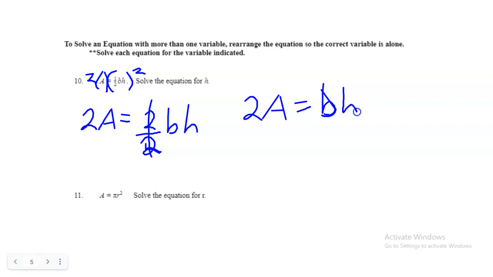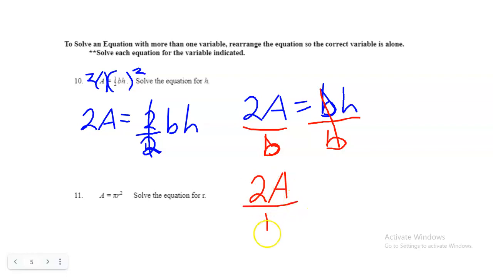Okay, and now I want to get the h by itself. H is being multiplied by b. So in order to get the h by itself, I'm going to divide both sides by b because division is the opposite of multiplication. When I do that, those cancel out, and I get 2 times the area divided by the base is equal to h.